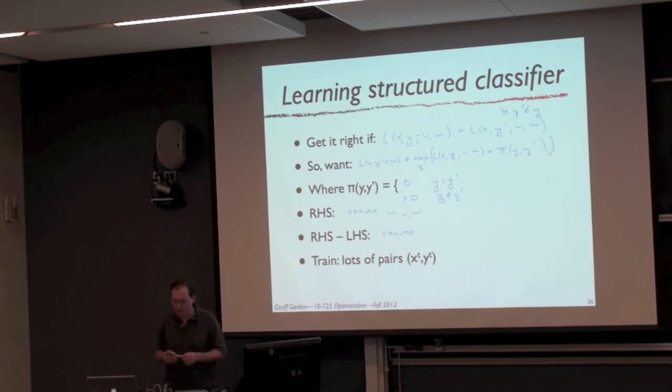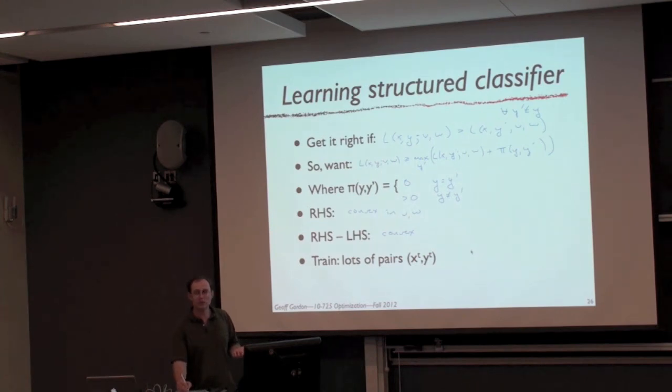But the other way, if it's really big, that means that the constraint is badly violated. So in other words, if this is much bigger than this, then the constraint is badly violated.